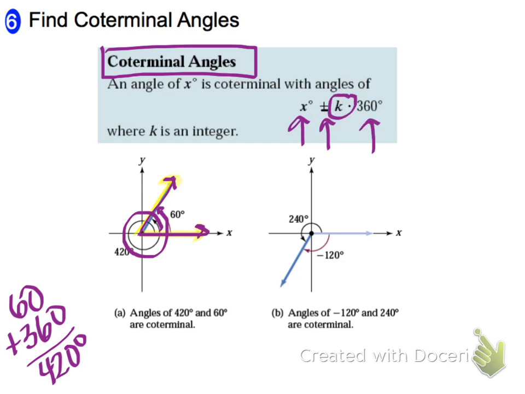Now, what's the k for? It just means that it can be multiple sets of 360. So it could be 360 once, we could do 360 twice, we could do it 3 times. It's just how many times we keep wrapping around the circle. So again, those will be what we call coterminal angles because they look exactly the same. They end in the same position.